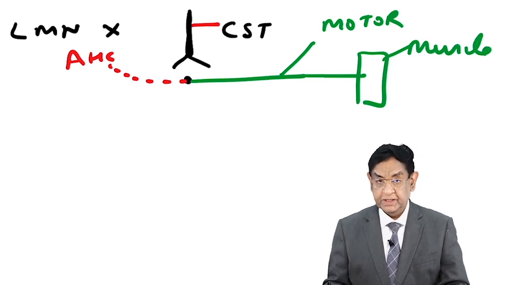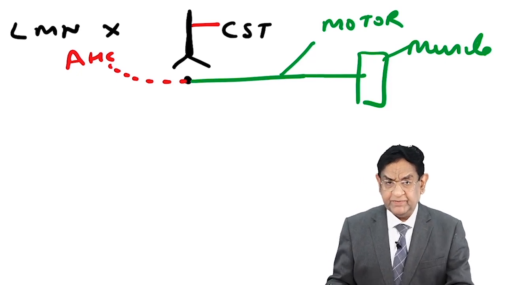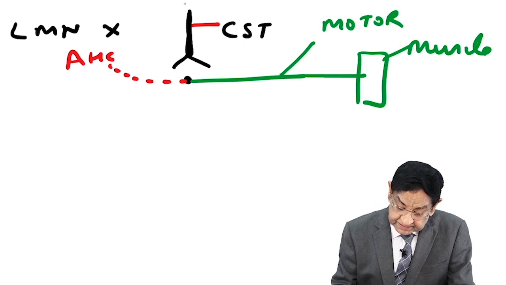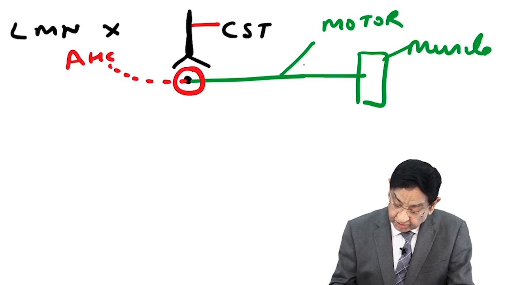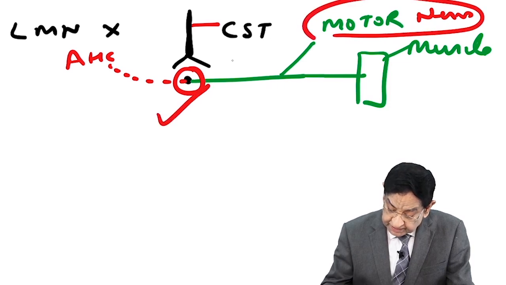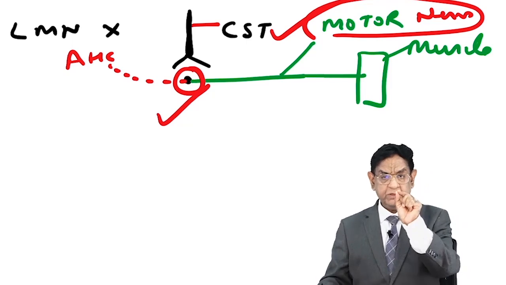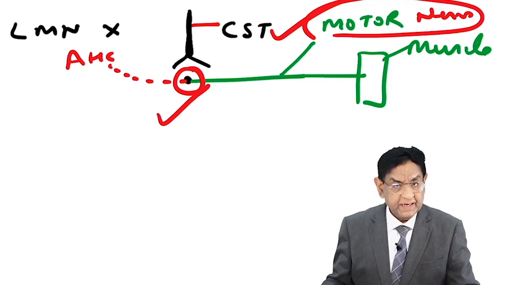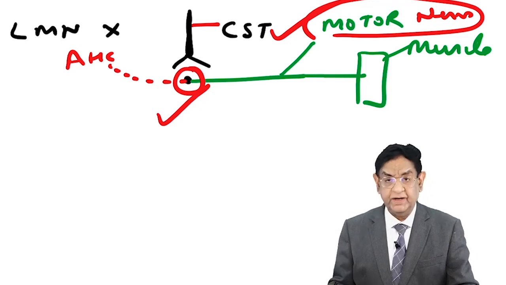Point to be noted: when we talk about lower motor neuron lesion, the lesion is in the anterior horn cell or in the motor nerve. There are the two sites where we have lower motor neuron lesion: the anterior horn cell and the motor nerve.